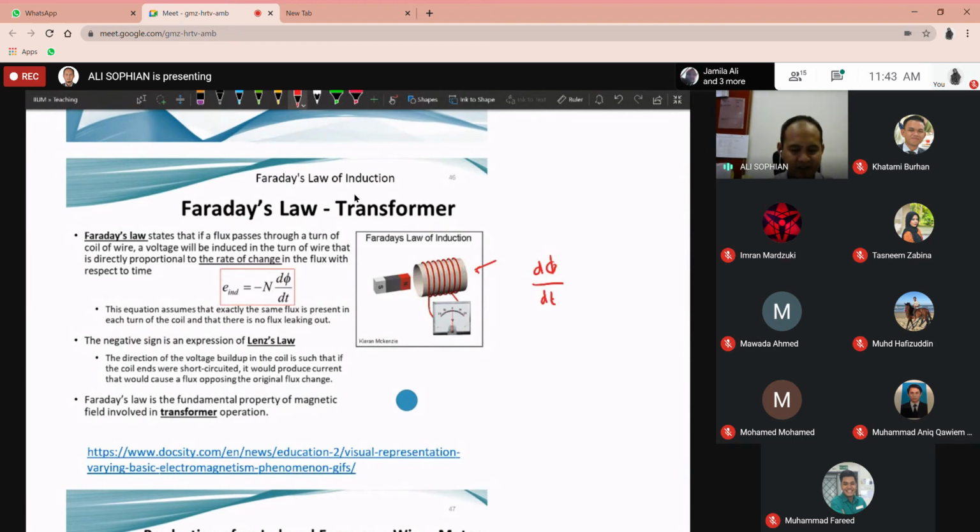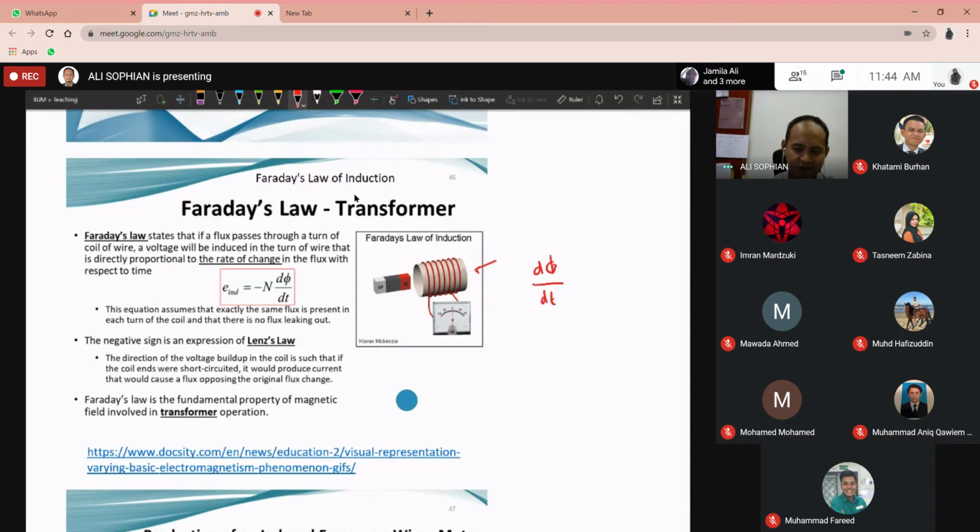This minus or negative sign is due to the expression of Lenz's law. You can see at the bottom here that it's basically to tell us the polarity of the voltage that will be induced. The voltage will induce another magnetic field. The magnetic field induced by the voltage will be in the opposite direction to the primary or the first magnetic field that induced the voltage. So you have two processes here.